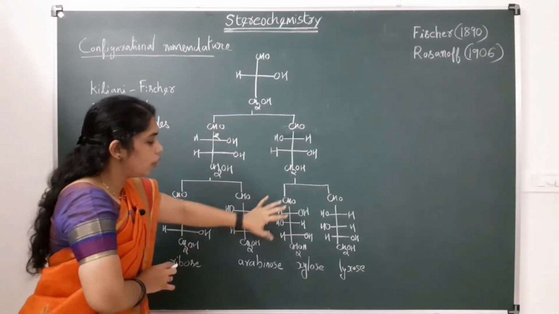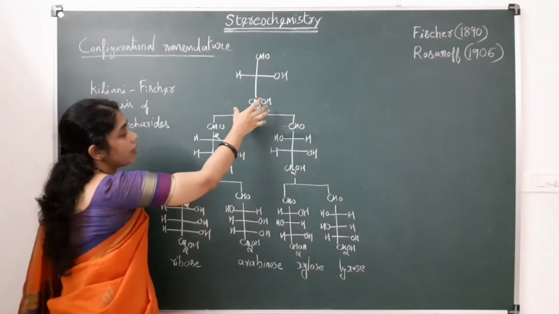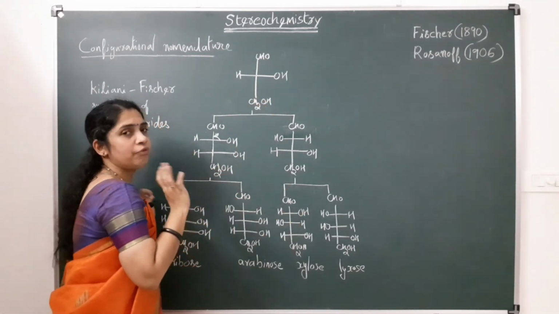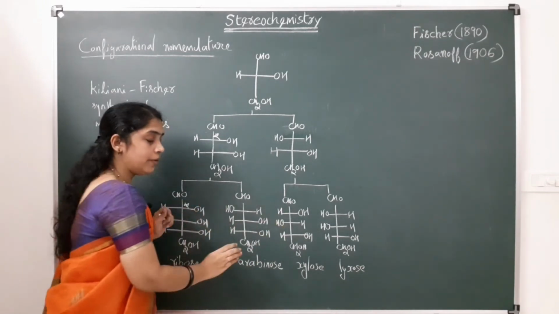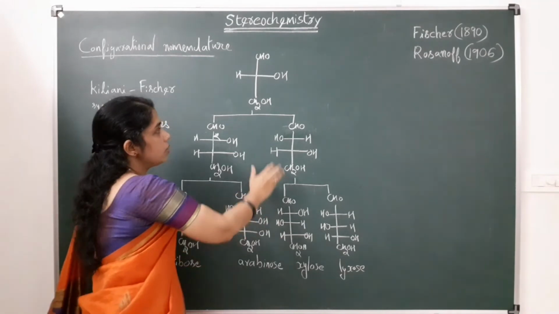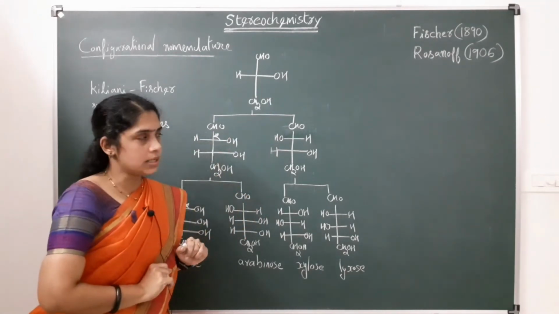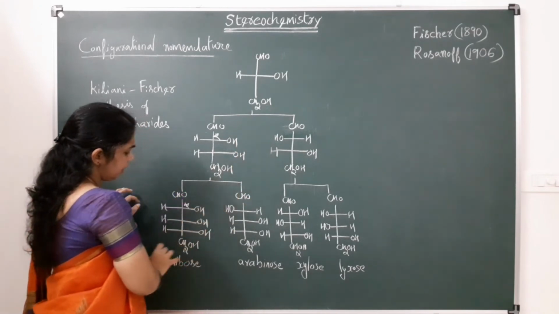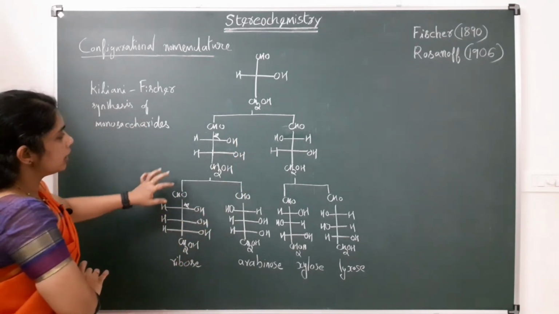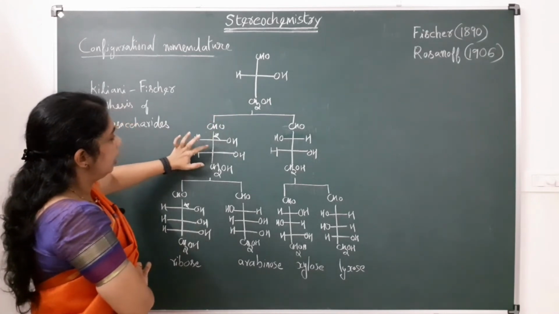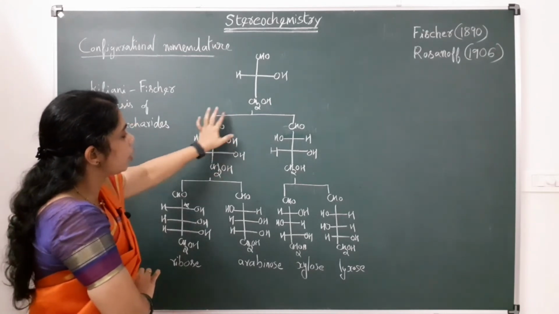These molecules are all synthesized from this D plus glyceraldehyde. So these all belong to the D family, or we can say these molecules all have the D configuration, because they are all synthesized from D plus glyceraldehyde. And how does this molecule come?